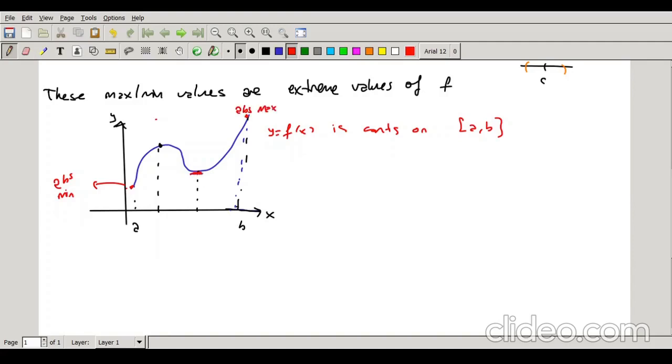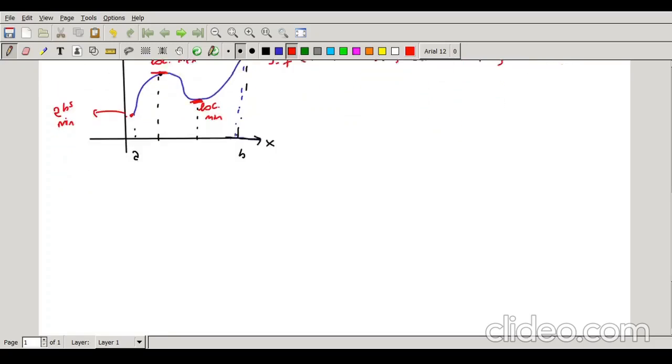Here at that point you have a local minimum, and at that point a local maximum. Maybe you can understand the difference between local and absolute maximum by comparing them with each other. We may have a simple example.